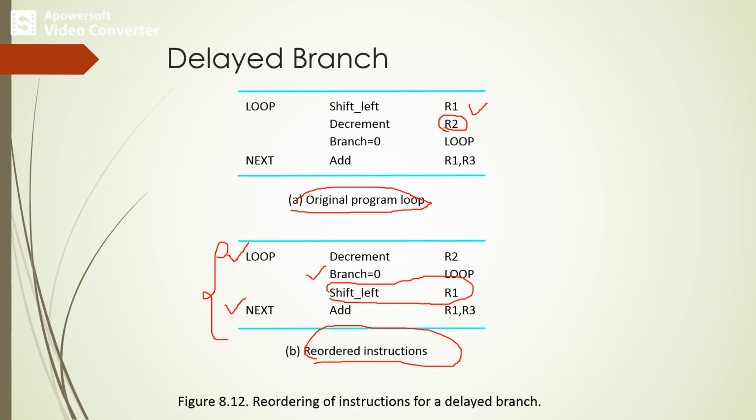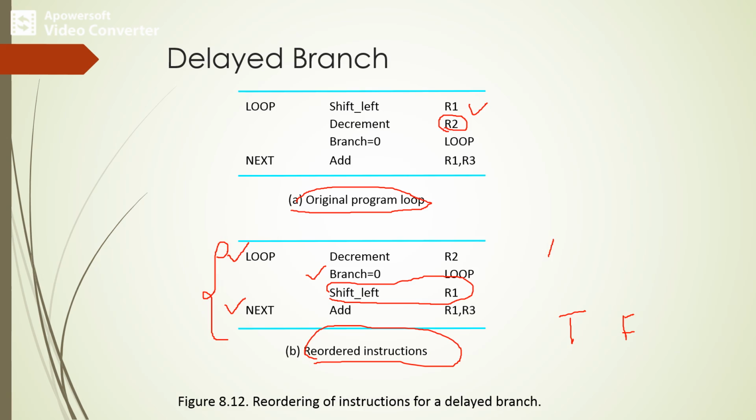In either case, it completes execution of the shift instruction. The sequence of events during the last two passes in the loop is considered in the example.